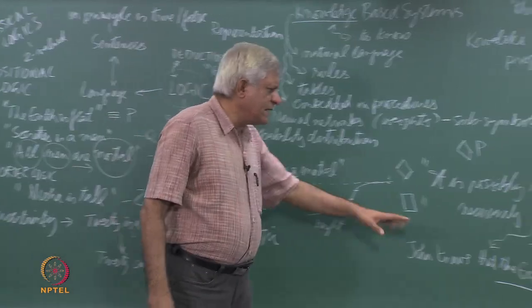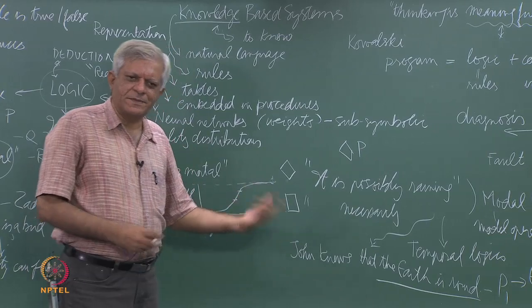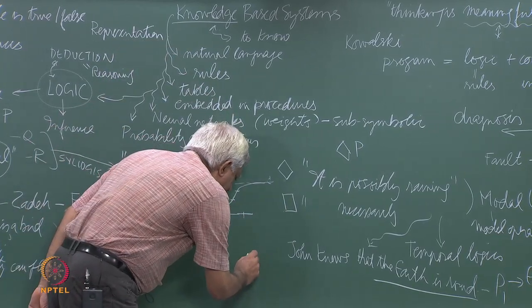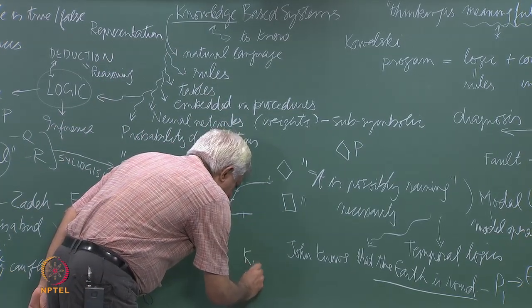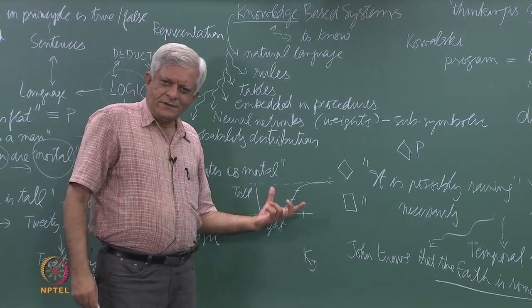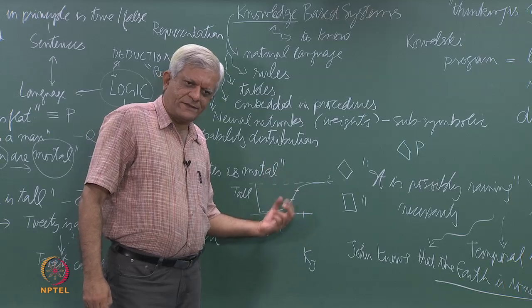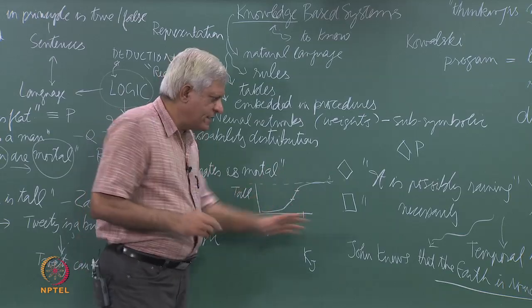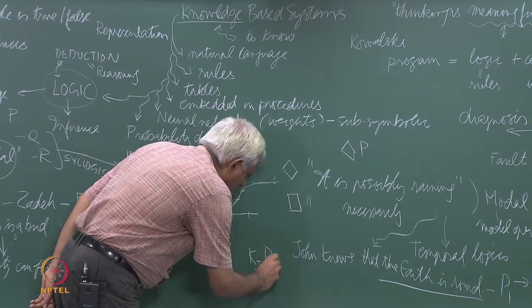and I would basically represent this statement in a simple epistemic logic as saying that K j, where K j is a modal operator which says that John knows something, and then that sentence P1.